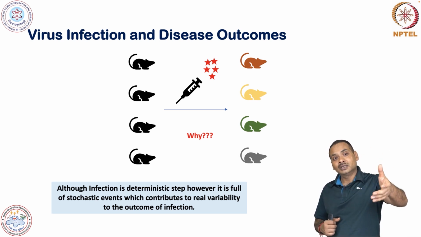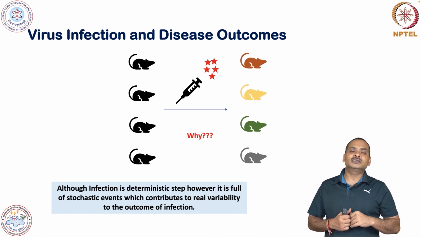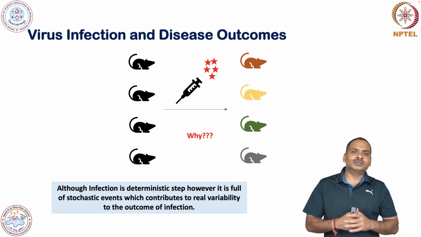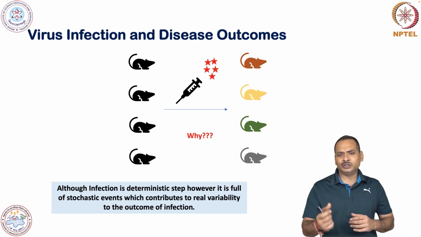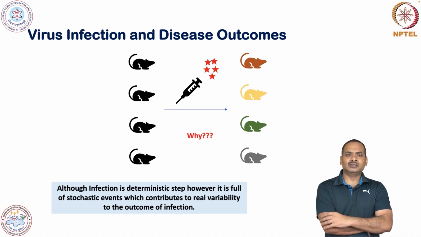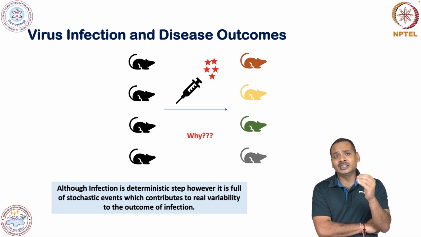In another case, it will be supportive to the virus infection. So, it is a highly random process. I will explain much better in a subsequent slide, where I have a schematic. Just try to understand, it is a highly random process.